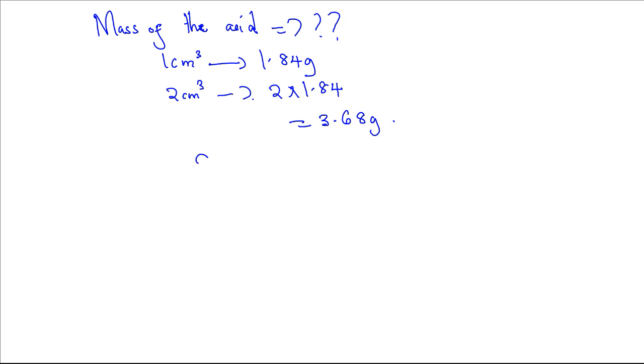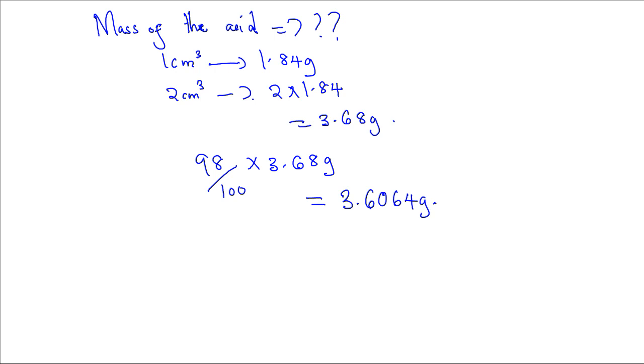Of this, only 98% is pure. So 98 by 100 times 3.68 grams, we obtain 3.6064 grams.